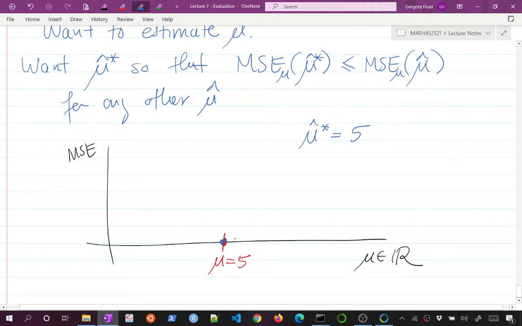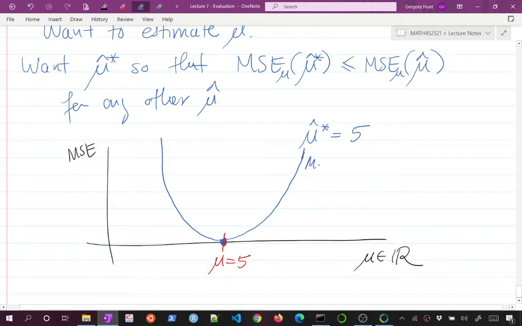However, if mu is not 5, this is a bad way of estimating because we've thrown out all the data that might indicate that the mean is something other than 5. And so as I start to move away from the truth being 5, my MSE is going to grow quadratically.